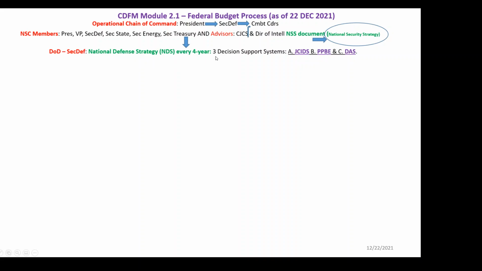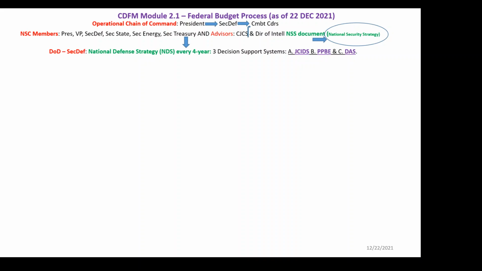DOD uses 3 decision support systems, namely JCIDS, PPBE, and the Defense Acquisition System. Understand that these three systems overlap. Just like PPBE, it's not one process, then the other process, then the third process.